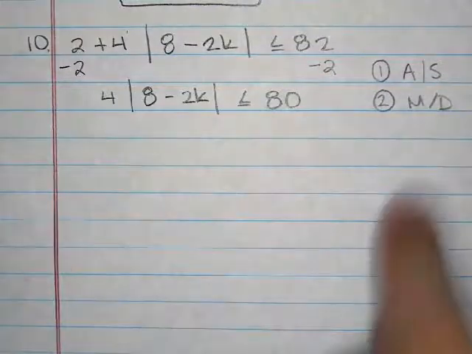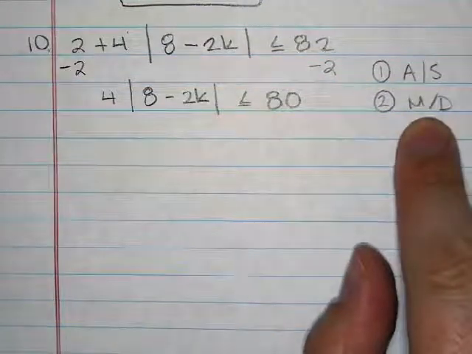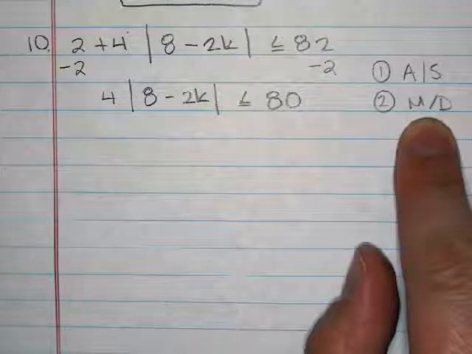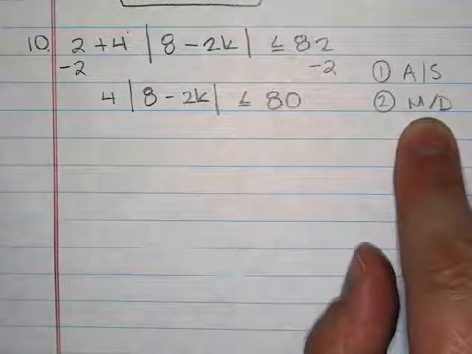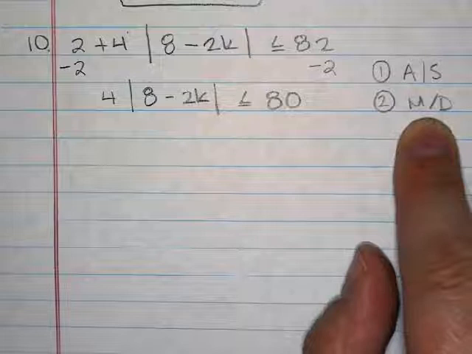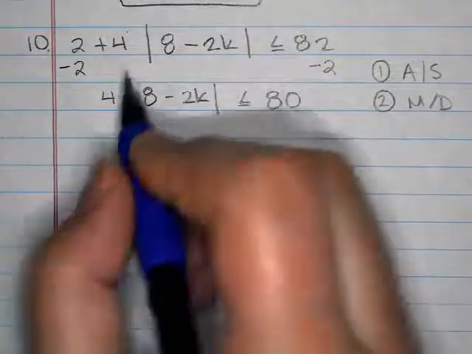And then we ask, is there anything I can multiply or divide over to the other side? Divide by 4. So there's a 4 that's currently being multiplied. We're going to divide it over.